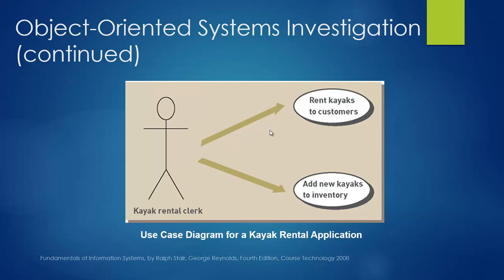So this figure shows an example of a use case diagram, and the clerk is an object that will rent a kayak, and the kayak is another object, and we can see the interaction between the kayak, the clerk, the customer, and the inventory when it's added again.